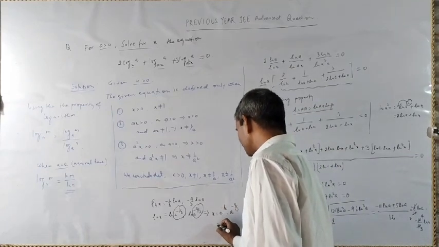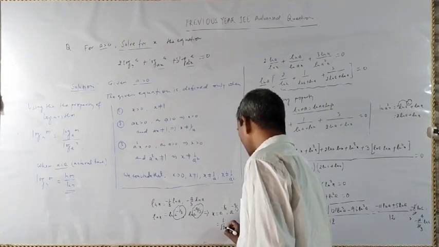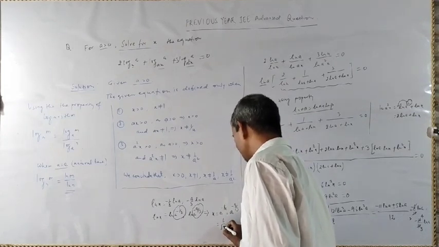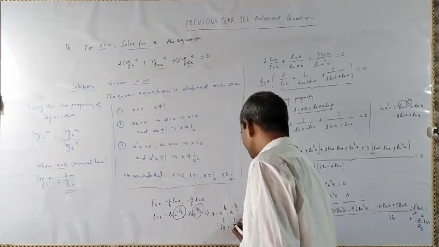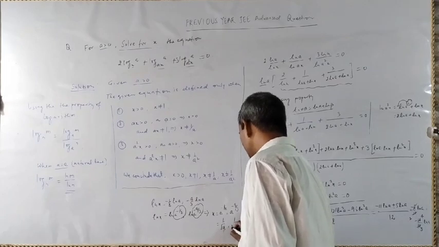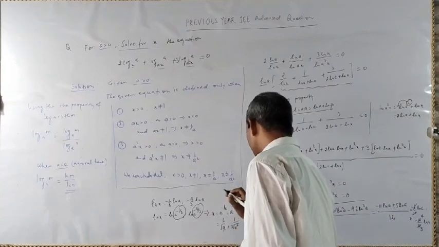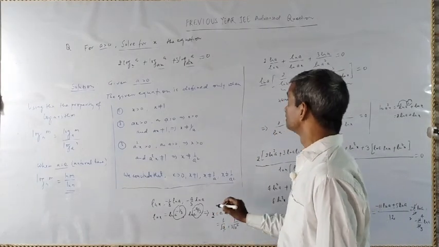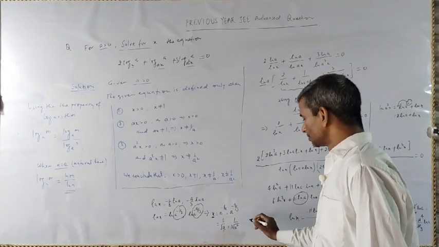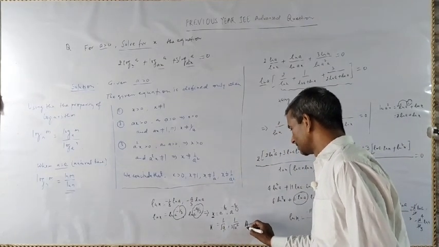This can be written as 1 upon under root a, and second one is 1 by cube root of a to the power 4. This is the solution for x, so these are the values of x and these are the answers.